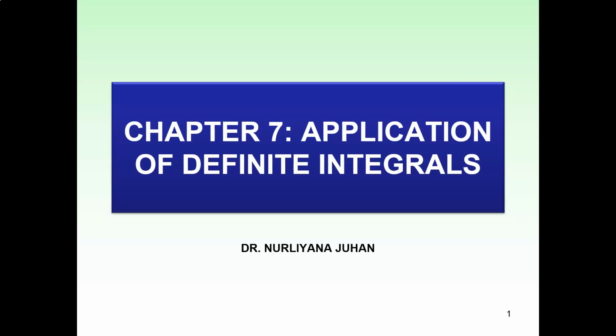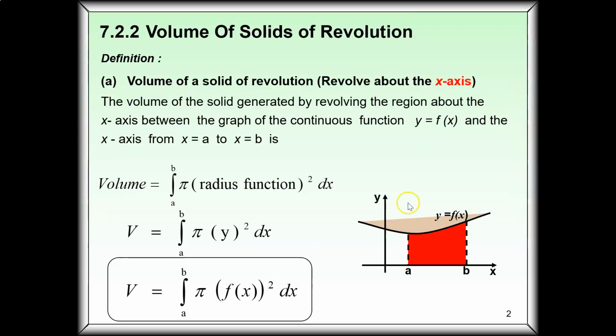But for today, we're going to find the volume. This is the other application for definite integral. For the first part, you're going to learn volume of solids of revolution.